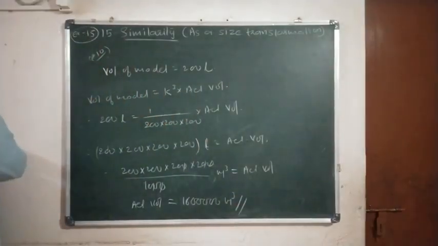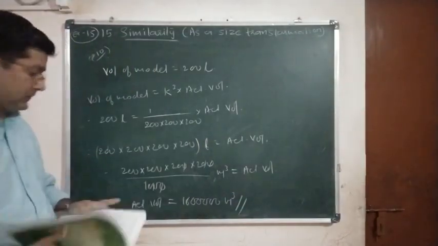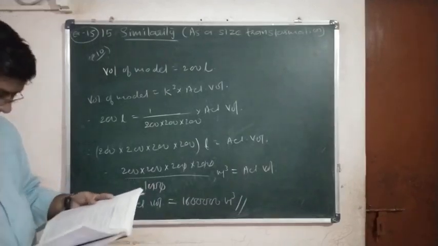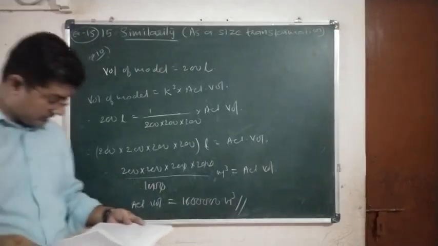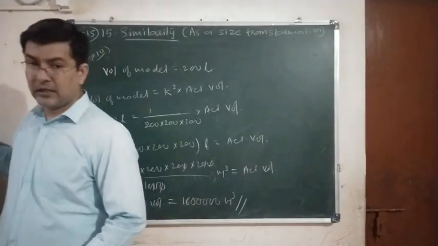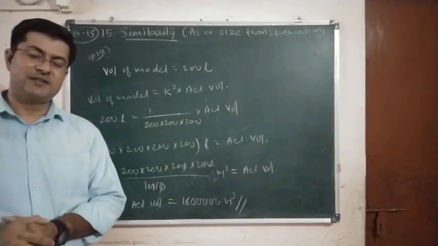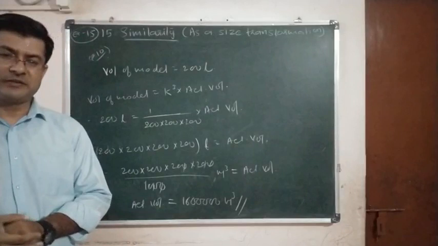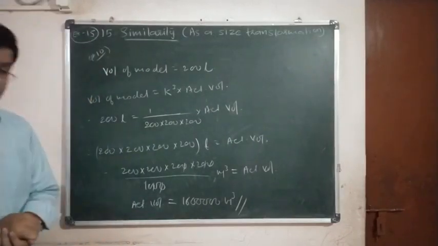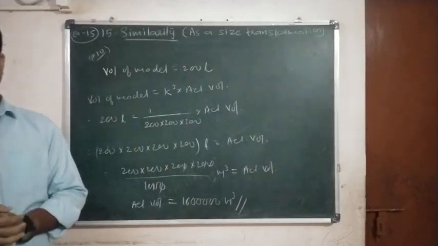So 160,000 cubic meters is the volume. Okay, required volume of the ship. Clear? So this was the last question of this exercise. I am sure that you have enjoyed solving this exercise, since this one was the most easiest exercise. Okay, so we have completed this chapter, and now in the next video we will start a new chapter.